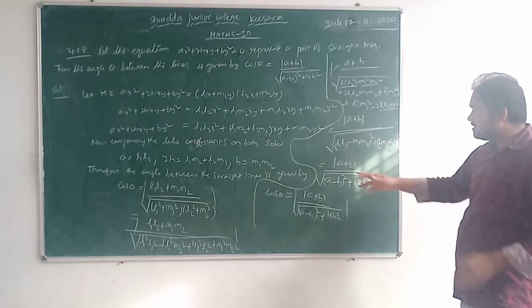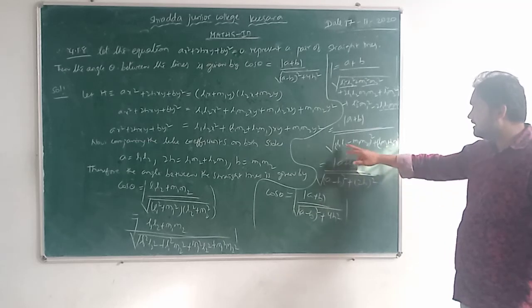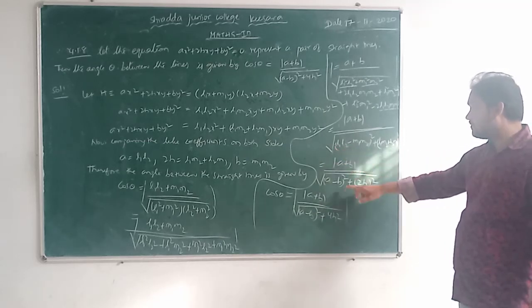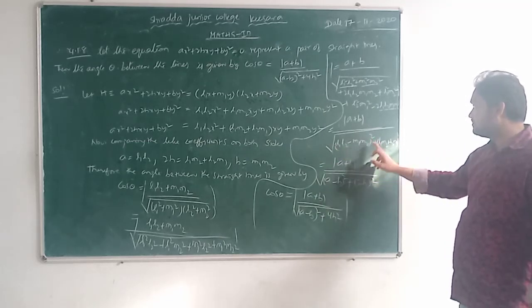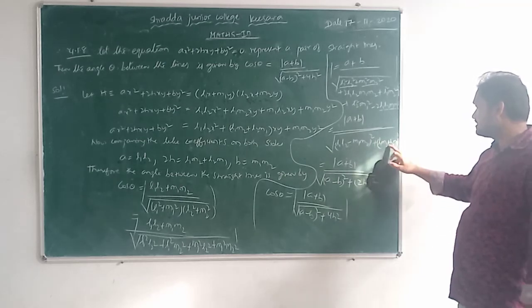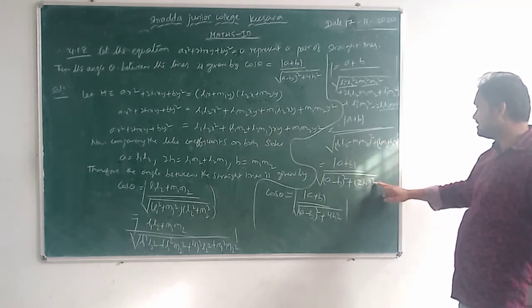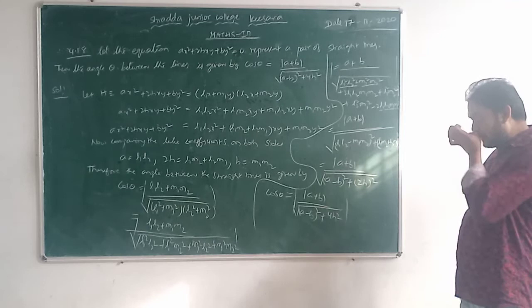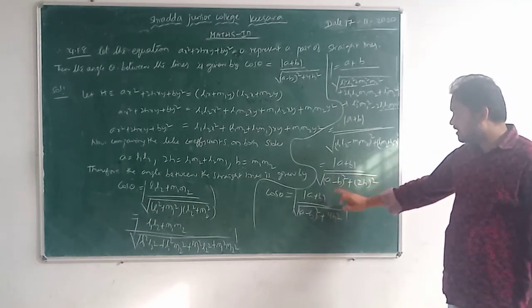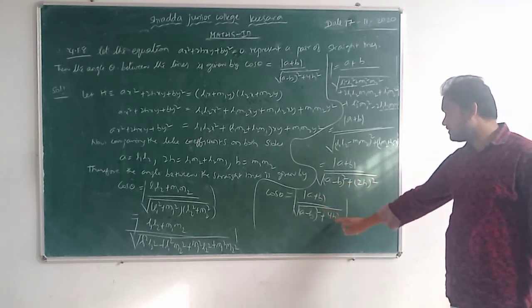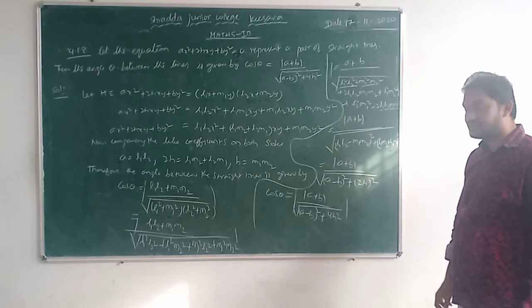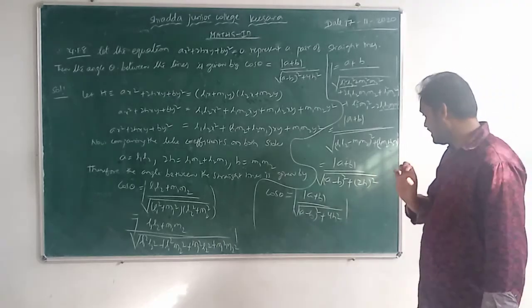Now this is equal to mod A plus B by square root of L1 L2 means A, minus M1 M2 means B, A minus B whole square plus L1 M2 plus L2 M1, that is 2H whole square. Now cos theta equals mod A plus B by root of A minus B whole square plus 2H whole square, which is nothing but 4H square.